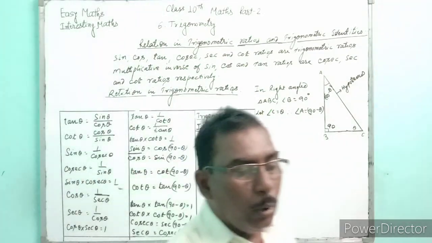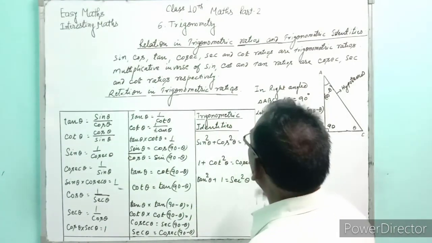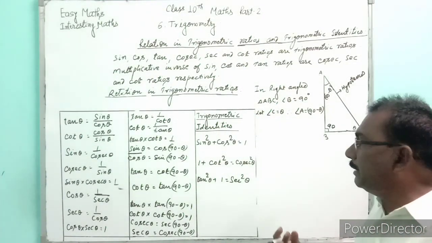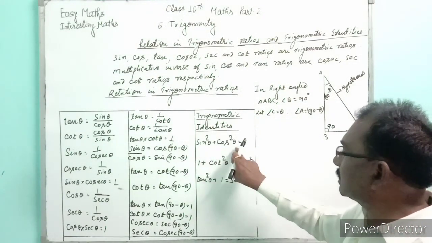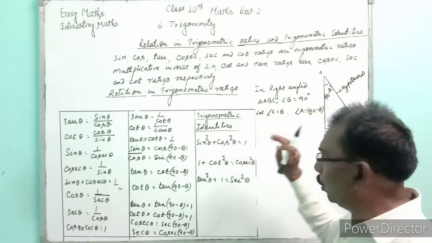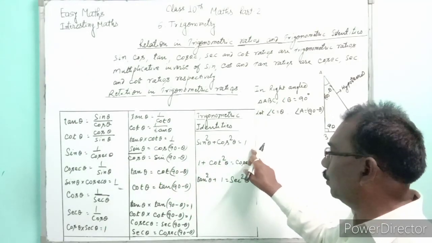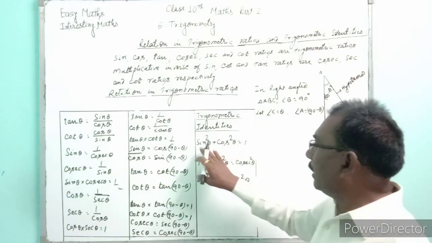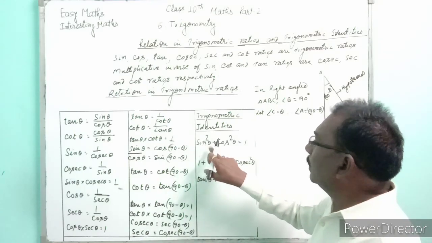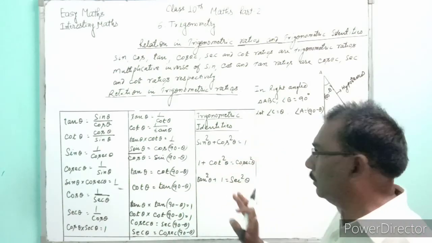Now we see trigonometric identities. Which are the trigonometric identities? Sin square theta plus cos square theta is equal to 1, or sin square A plus cos square A is equal to 1. Sin square B plus cos square B is equal to 1. Or sin square 45 plus cos square 45 is equal to 1.